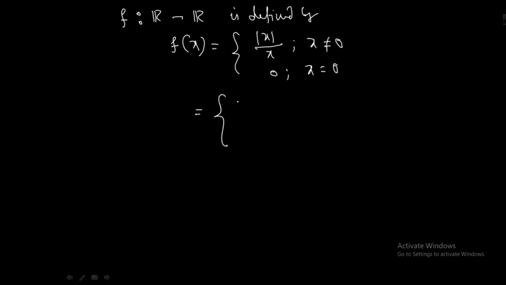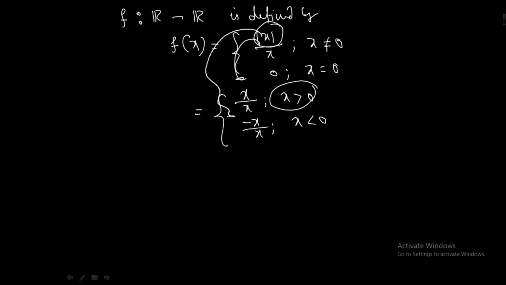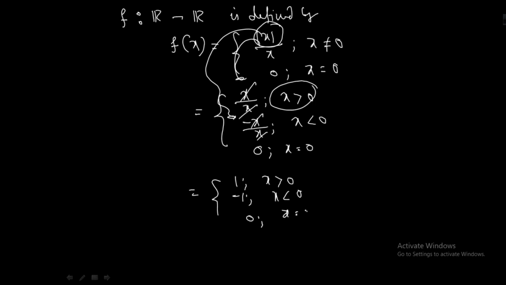So if I break this function, we see this is x by x whenever x is greater than 0. This is minus x by x whenever x is less than 0, because mod of x will be plus x if x is greater than 0, and mod of x will be minus of x if x is less than 0, and 0 whenever x is equal to 0. That means x by x, you will get 1 whenever x is greater than 0. This is minus 1 whenever x is less than 0. This is 0 whenever x is equal to 0.